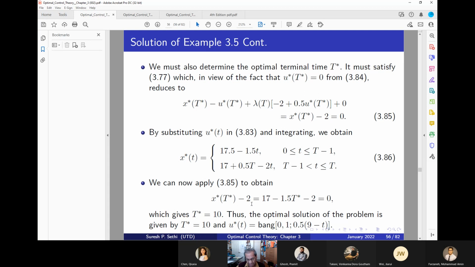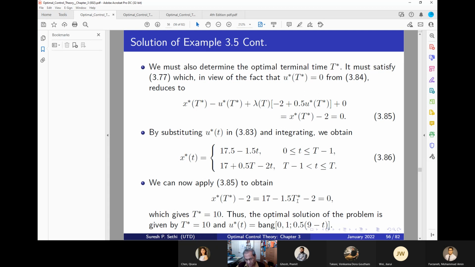So I have a 17 minus, oh yeah, because this is 2T star. 2T star minus 0.5 is minus 1.5 T star. You get it? I'm applying this condition. I'm putting T equal to T star. Because I'm trying to find this value at T star, this becomes T star, this becomes T star.